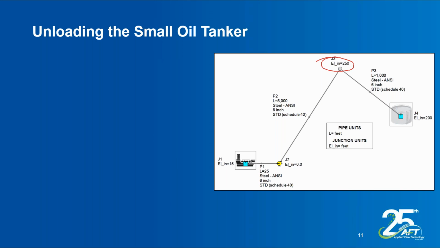My pump and the pipe are going to be my 0 point, and the liquid level in the storage tank and the tanker is 15 feet. 15 feet high for a storage tank seems fairly reasonable. And then my discharge tank is going to be at a height of 200 feet. So we have to pump over a hill of over 6,000 feet and over a high point of 250 feet there. So this is what I modeled in Fathom.